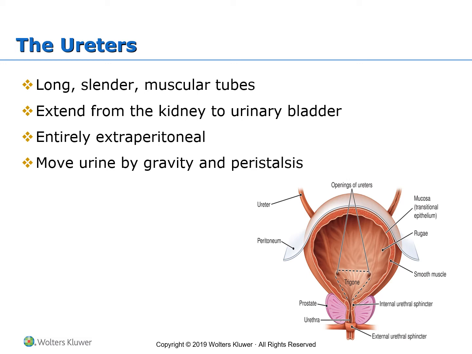That part I was trying to describe to you is actually passing in an oblique way inside the muscle of the urinary bladder. They will open just superior and lateral, not very far from the opening of the urethra. And together, they are creating this triangular shape, if you imagine it, that is called a trigone.